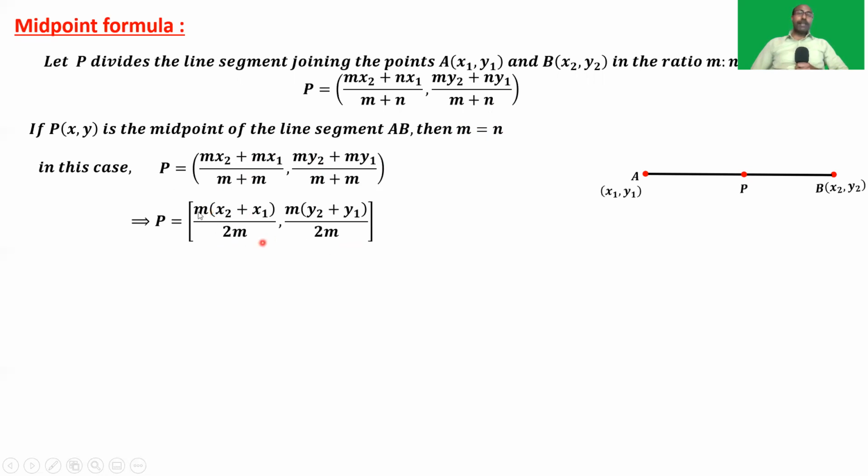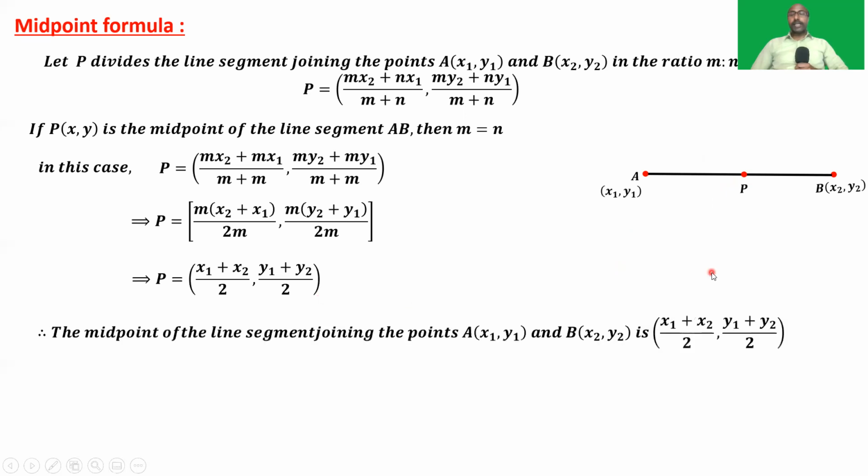By cancelling m in both numerator and denominator, we get P is equal to x1 plus x2 by 2, comma, y1 plus y2 by 2. That is, the midpoint of the line segment joining A(x1, y1) and B(x2, y2) is x1 plus x2 by 2, comma, y1 plus y2 by 2. This is also very important.